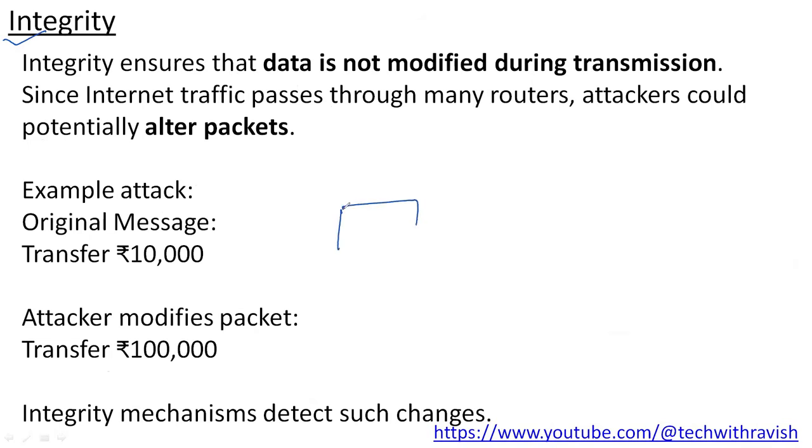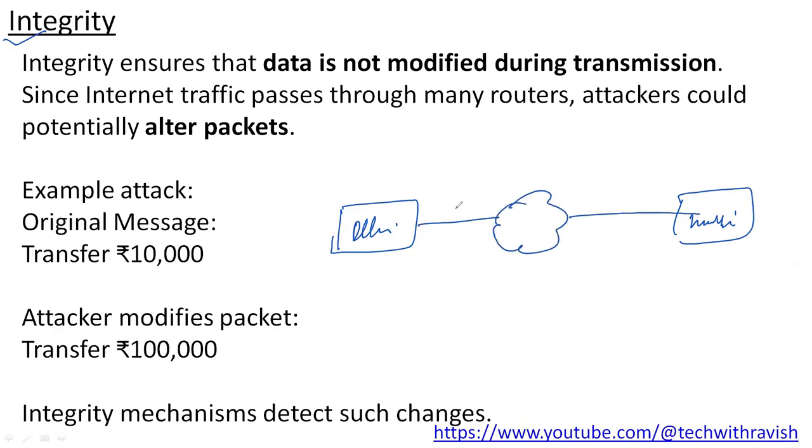That means if you are forwarding the data from your source location, like the Delhi office, to Mumbai, with the help of what? VPN you are forwarding. This is my VPN tunnel. So the data cannot be modified.